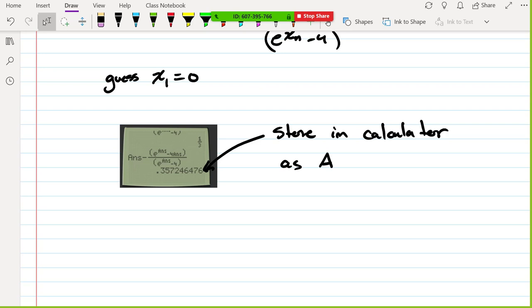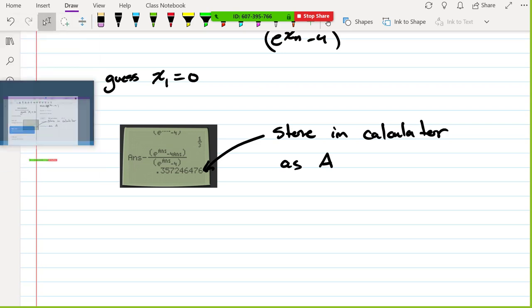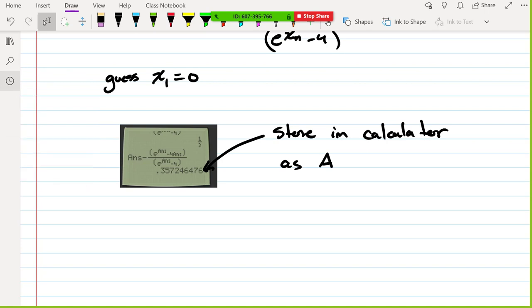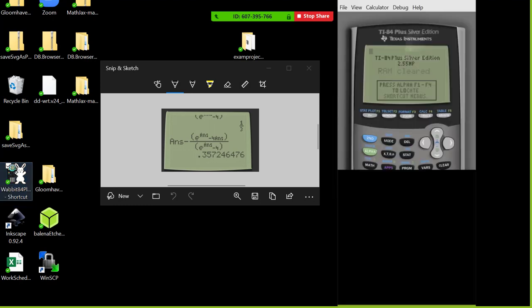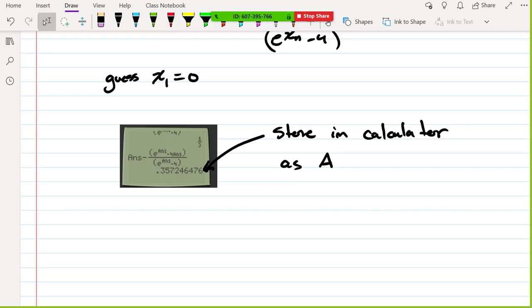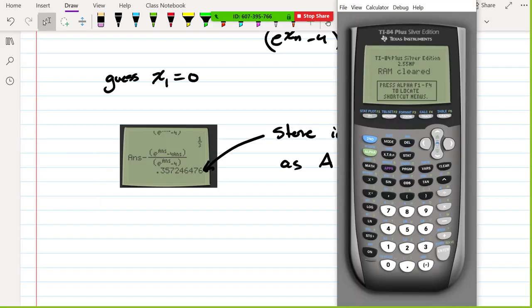Actually, I needed to press enter one more time. Oh, I just accidentally closed my calculator. Alright, so let me do that again really quick.